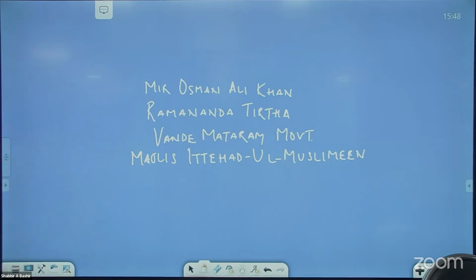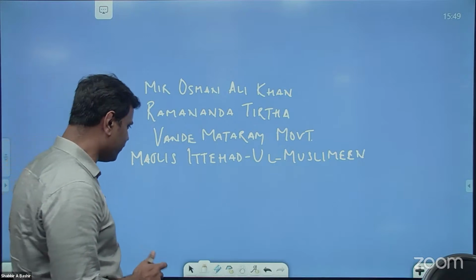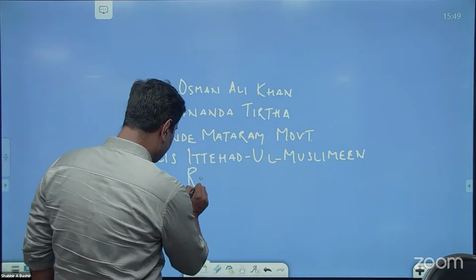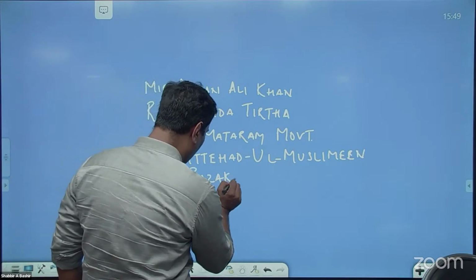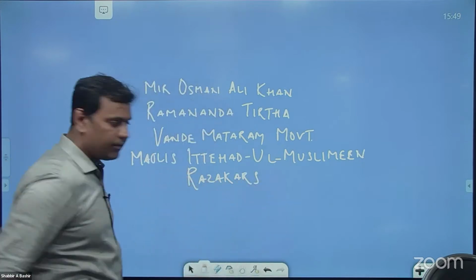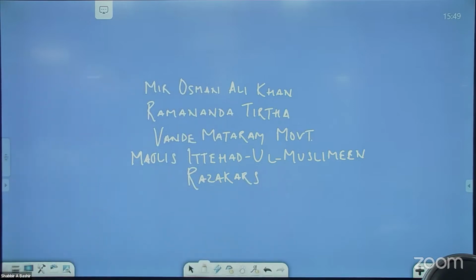Right now we have a political party named after this, Majlis Ittihadul Muslimin. And a military force of Razakars.